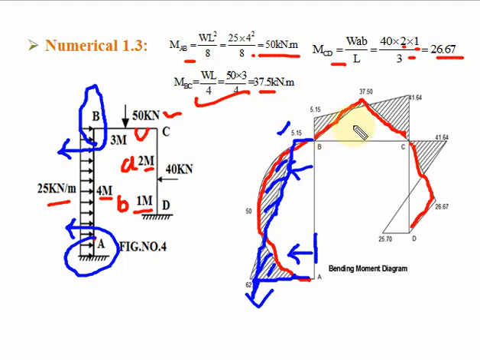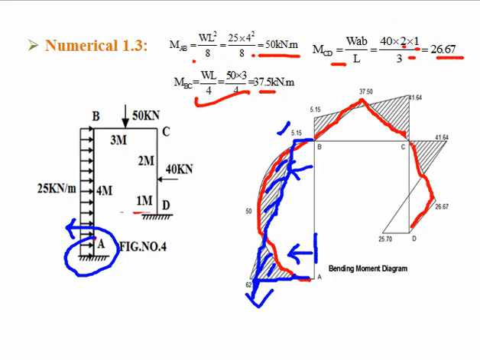Okay. The next one, for your horizontal member. The horizontal member is BC. So for BC, the moment is 5.15 anti-clockwise.